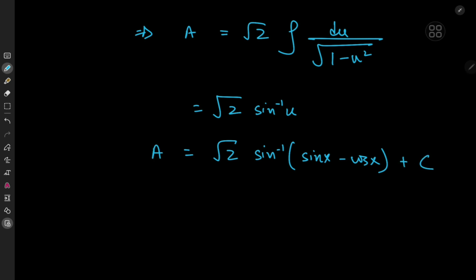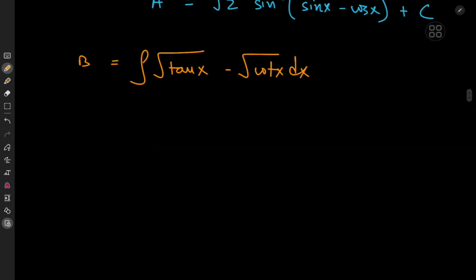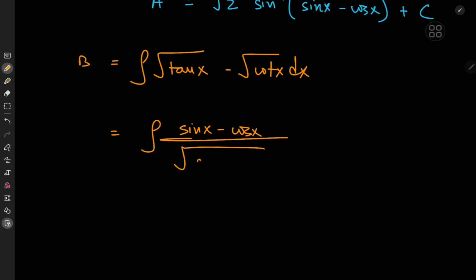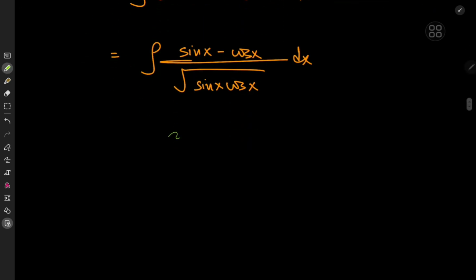Now for the integral B, we again expand the tangent and cotangent functions and simplify the integrand to give us sine x minus cosine x divided by root sine x cosine x dx. Okay, so again, we'll take a hint from our differential element here. What we need is sine x minus cosine x dx equal to du.